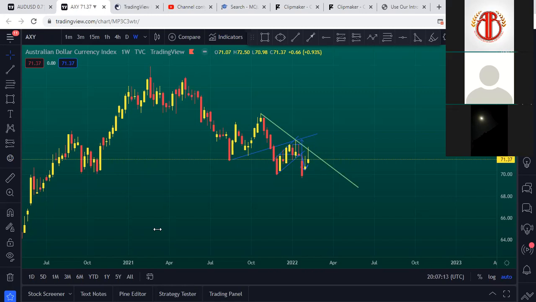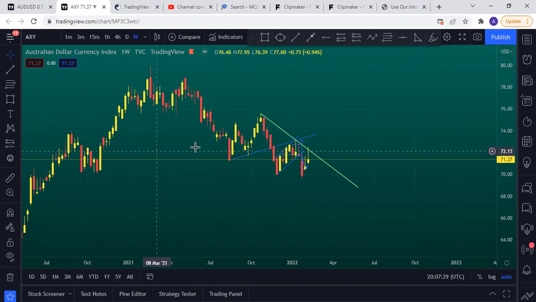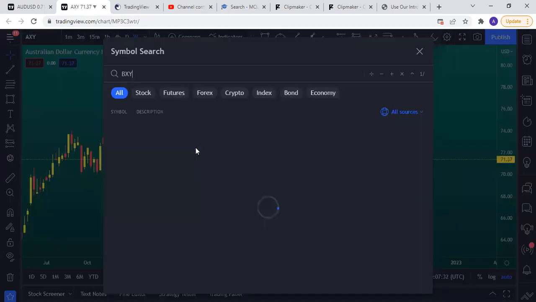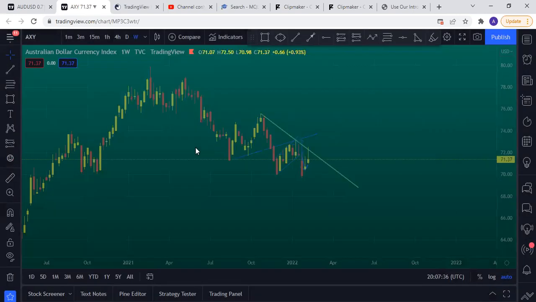We're expecting some bearish momentum on the AUD index. So for pairs like GBPUSD and the likes, we'll be expecting some degree of bullish impulse. Next up, let's go to BXY, which is the pound index.